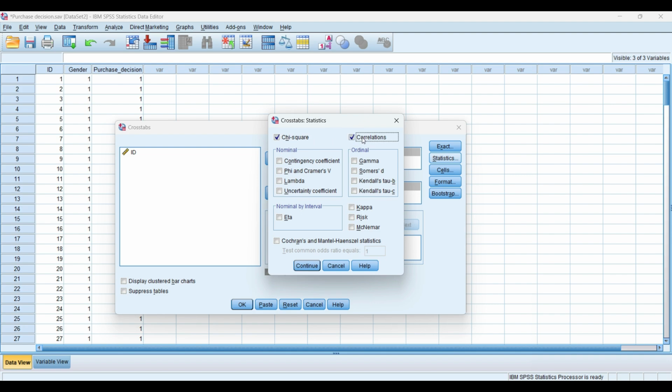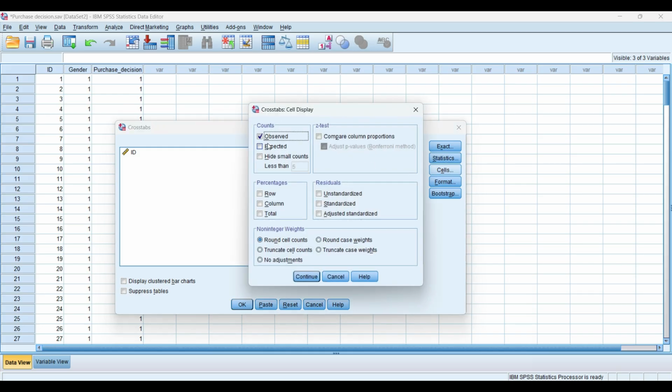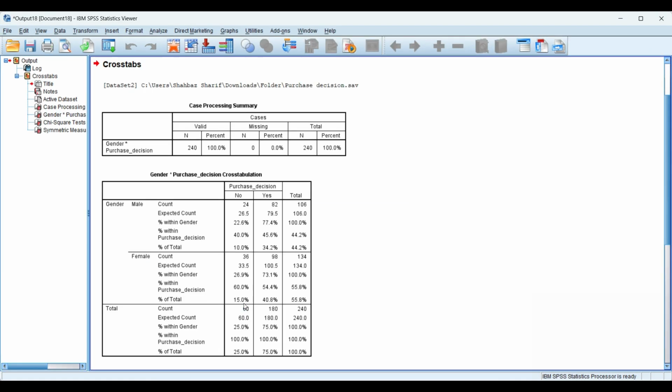We also need correlation, and then phi and Cramer's V, and click on continue. In cells, we need observed counts, expected counts, row percentage, column percentage and total percentage. Then click on continue. We have no concern with formatting or bootstrap. Now click on OK. So we get the results.